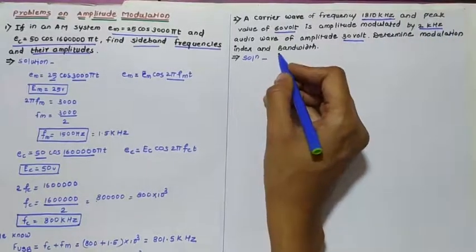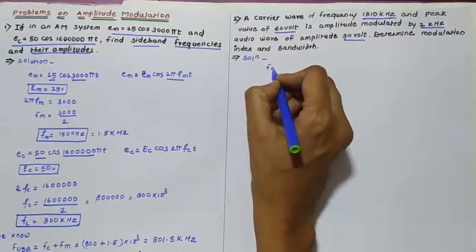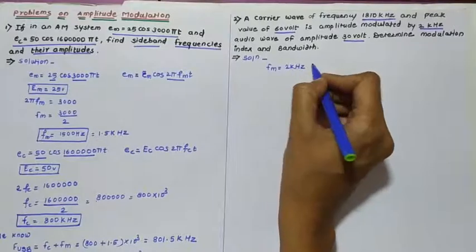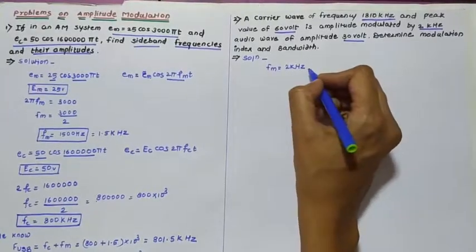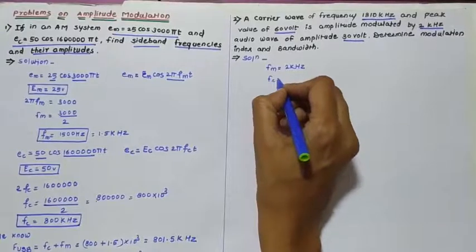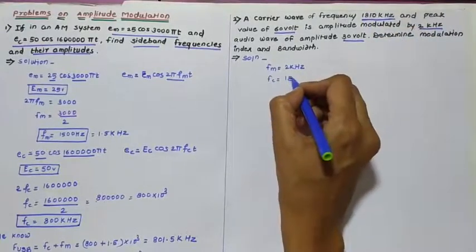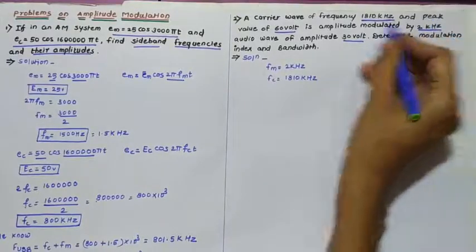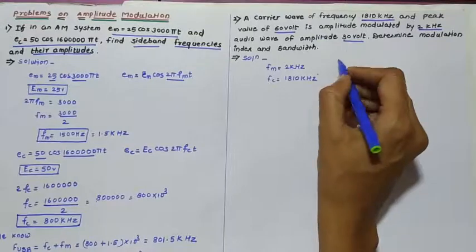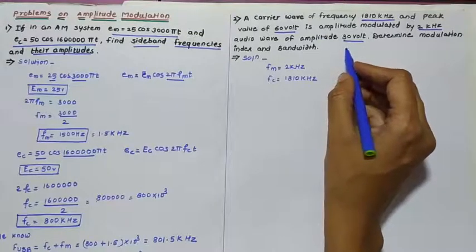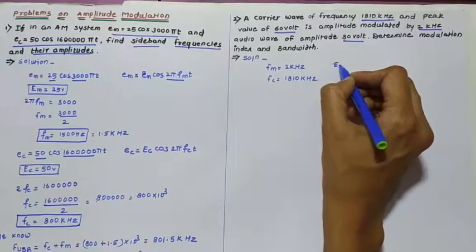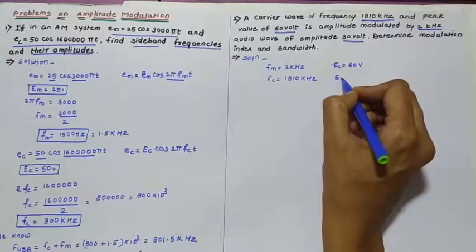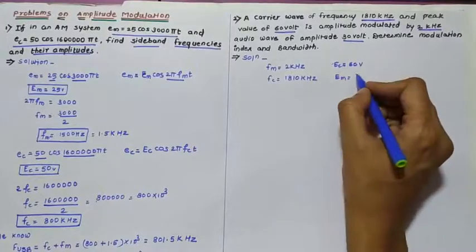So we'll write here Fm is 2 kHz, then Fc is 1810 kHz. Peak voltage of the carrier is nothing but Ec, that is 60 volt, and Em is equal to 30 volt.